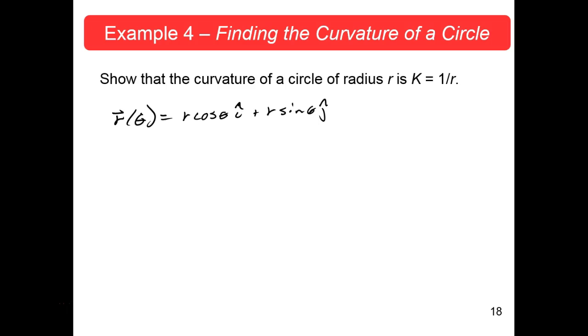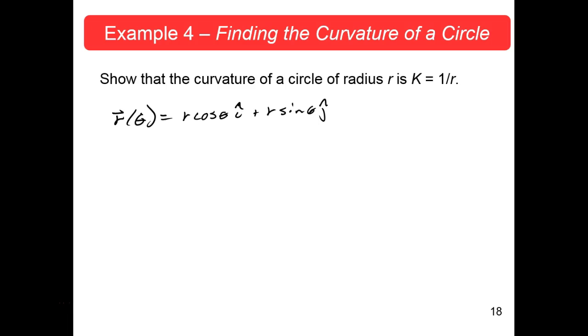Now, that is the simplest way to represent a circle, okay? However, we want it in terms of the arc length parameter, s, okay? Well, how is any of this related to s, okay?